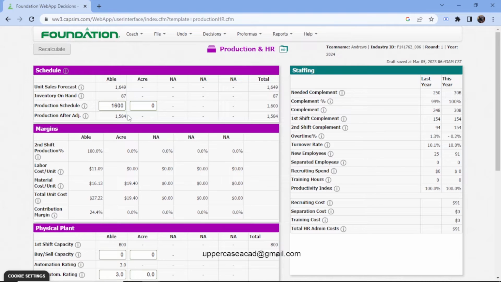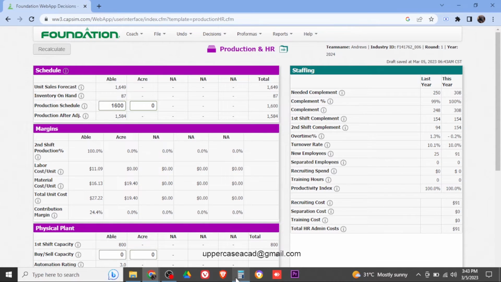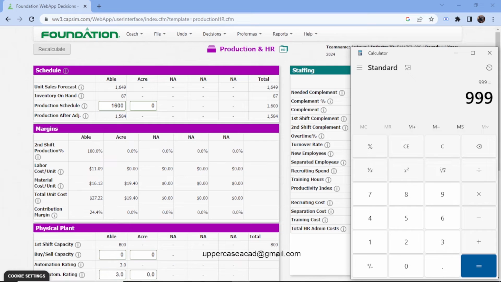Because I forecasted to sell 1,649 units, if I produced 1,584 units, and again I have inventory of 87 units, I'll have 1,671 units.